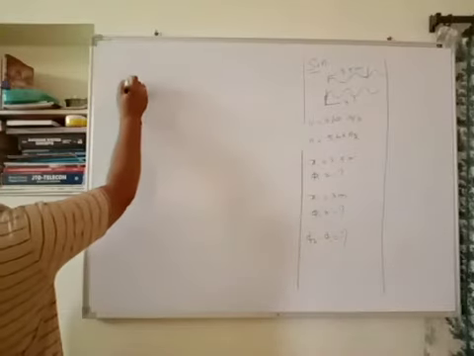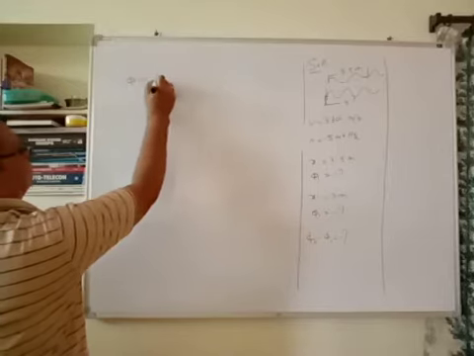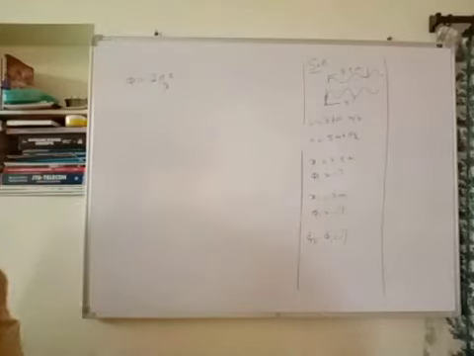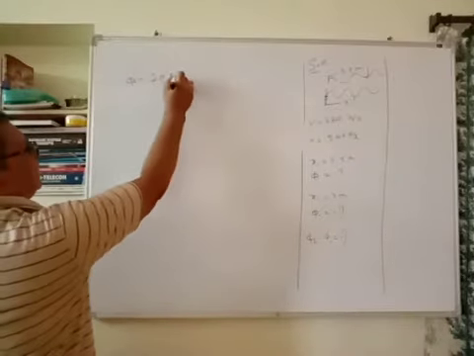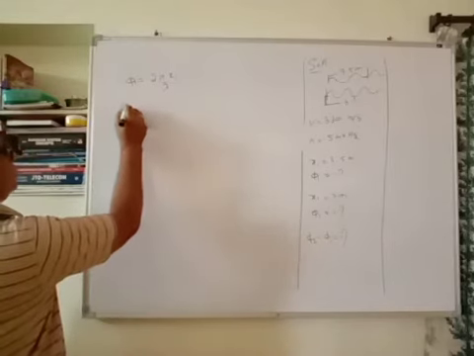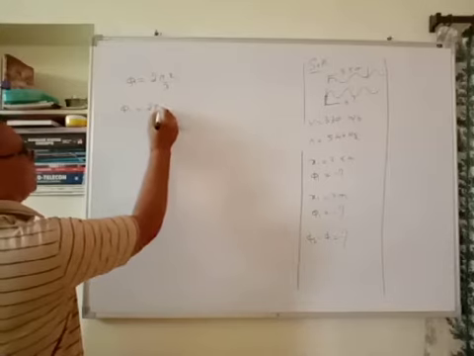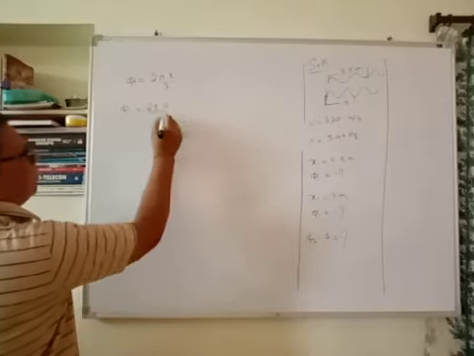As you know, phi is equal to, in terms of x and lambda, 2 pi x upon lambda. So phi1 is equal to 2 pi x1 upon lambda. x1 we know, lambda we don't know.